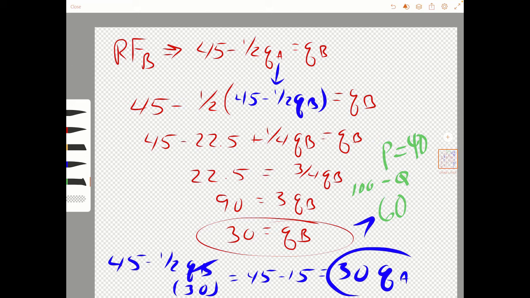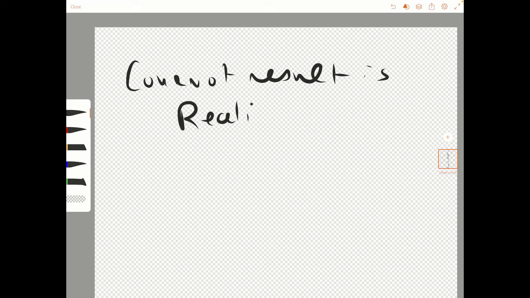So what we did was we solved for the first reaction function, then took that reaction function, substituted it into the other firm's reaction function, and then solved for one unknown. One of the things that's nice about the Cournot model, where you choose output, is that the Cournot result is pretty realistic and pretty reliable.